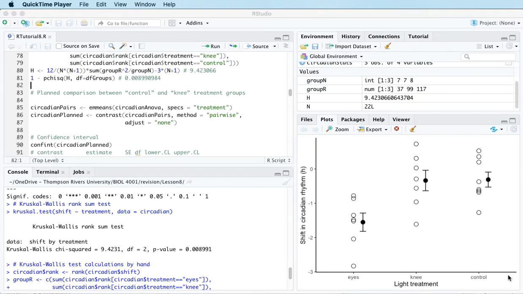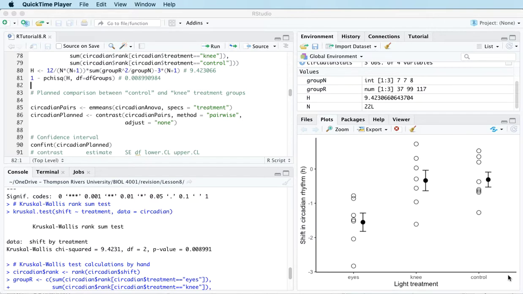In this particular context, the researchers were really interested in comparing the knee treatment to the controls, because I think they were skeptical that shining a light on the back of someone's knee would have any impact on their circadian rhythm.